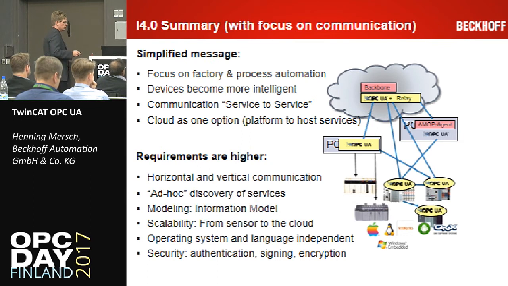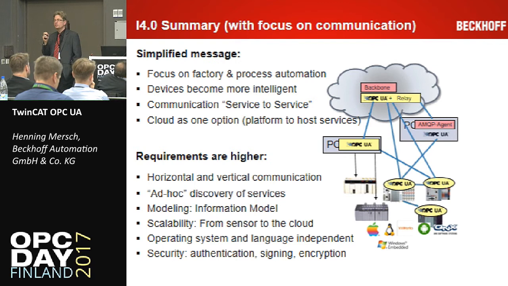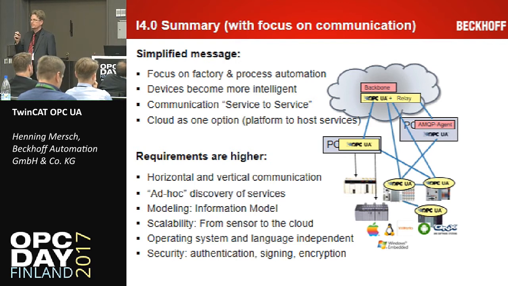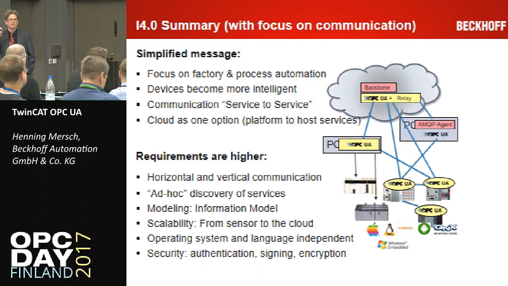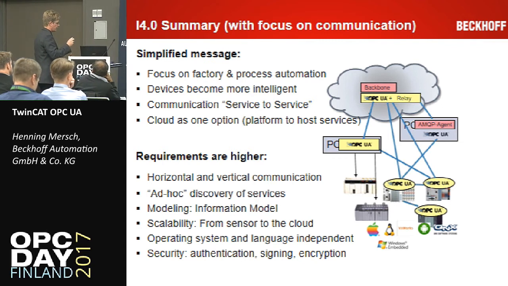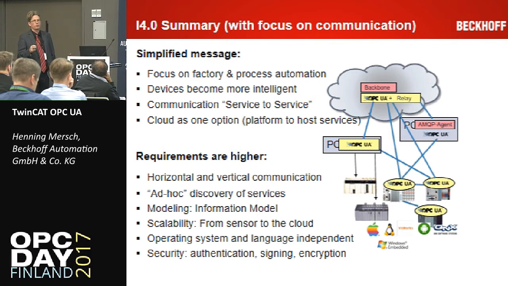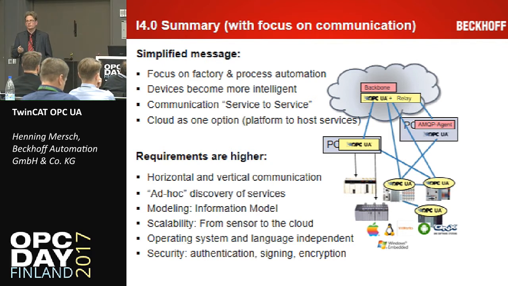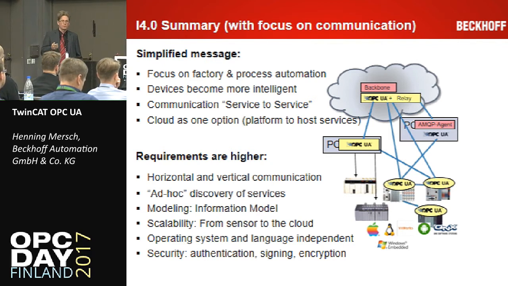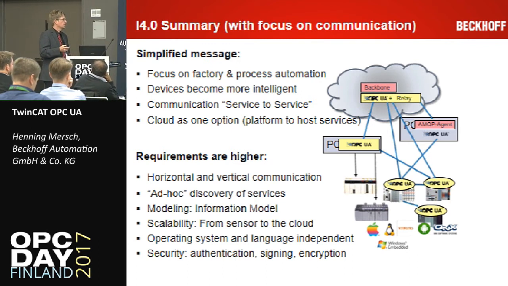Then there is information modeling, so not data modeling but information: knowing that my data point is a temperature, and that this temperature was measured in a certain machine at a concrete place, so I could react on the temperature at this place. This is one of the important points, and this is where OPC UA in industry really has its uniqueness and its benefits.